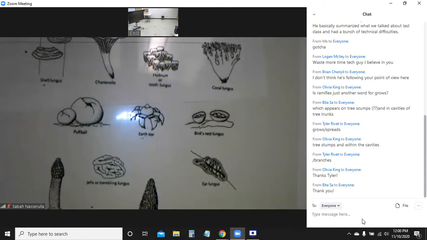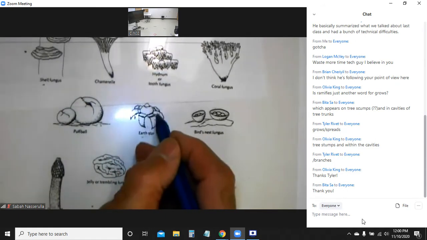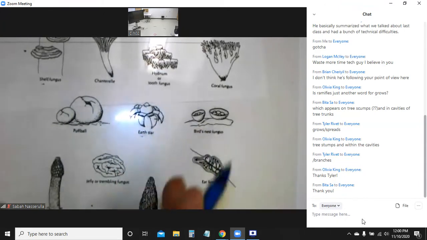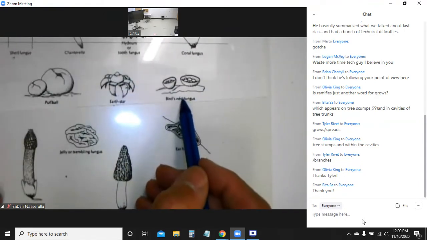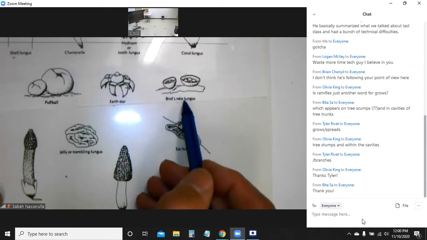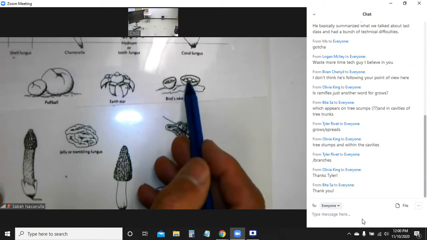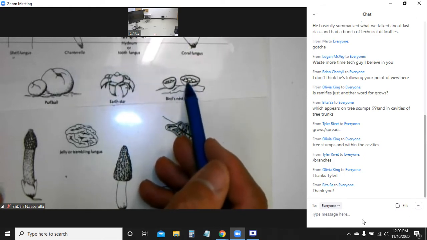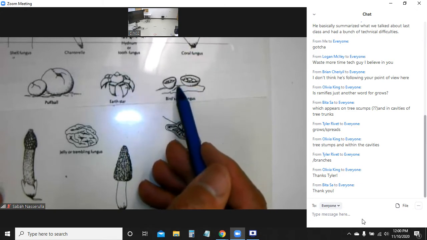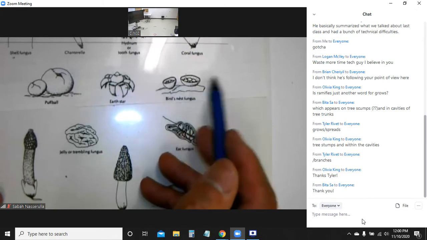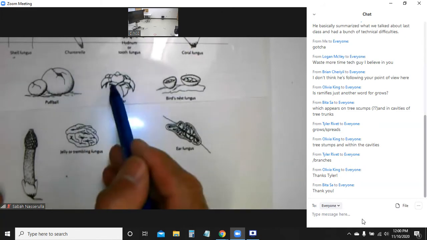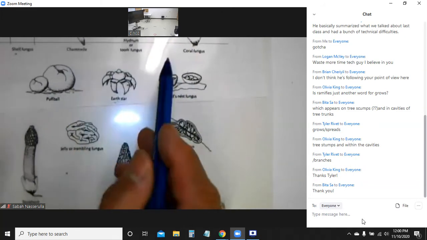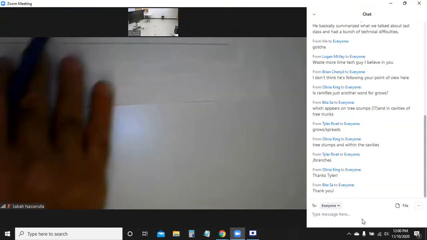The outer layer has fissures, and when the moisture goes, they peel, and in the end it looks like a star. So that's called the Earthy Star. The other one I'm going to talk about is the Bird's Nest Fungi, the Cyathus, which looks like a nest of eggs. These have a very interesting way to disperse their spores. So these are the three I'm going to talk about. I'm going to start first with the puffball.